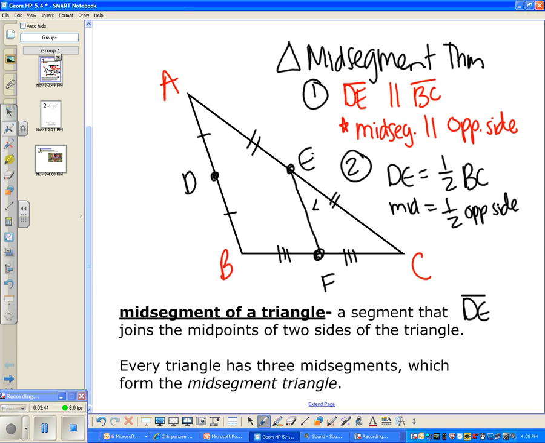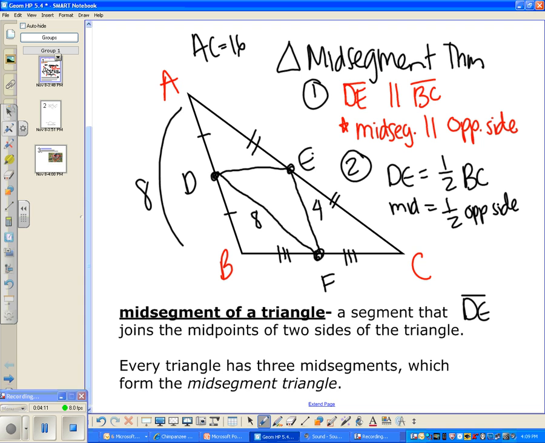So let's say this side was 4. That would mean this whole side would be 8. Similarly, we did DE and EF. Lastly, the last midsegment would be DF. Let's say this one is 8. Then its opposite side, AC, would be 16.